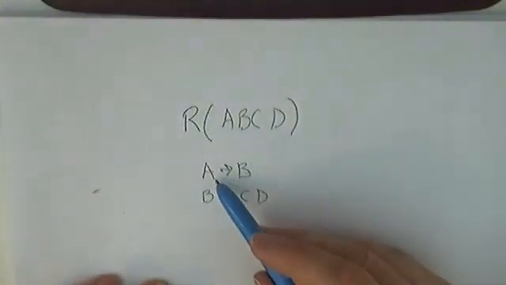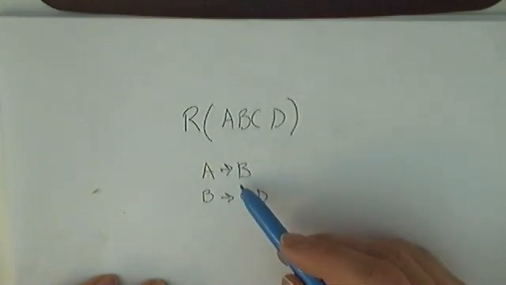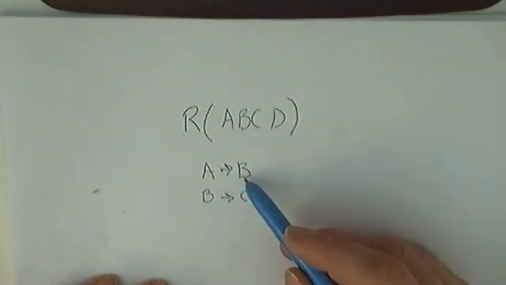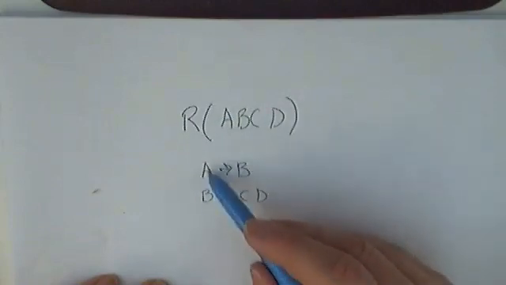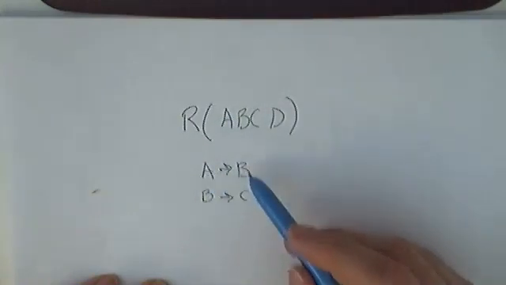This basically means that if any two tuples match on A, so the value for A is, say, blue, then they have to match on the value B as well. Typically this will be something like the person number and then the name. So if any two tuples match on person number, then they're going to match on name.